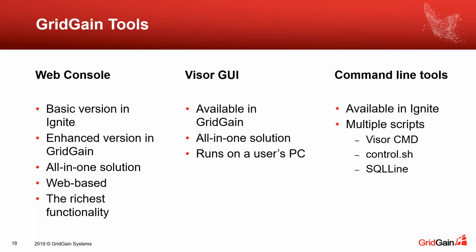And the most modern solution is GridGain Web Console. Actually, the basic version of it is available in Ignite, and an enhanced version is available in the GridGain templates. Like Visor GUI, it is an all-in-one solution, but unlike Visor GUI, it is web-based. It does not run on the user PC, and it provides the richest functionality as of the moment.